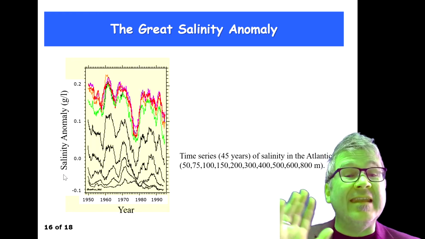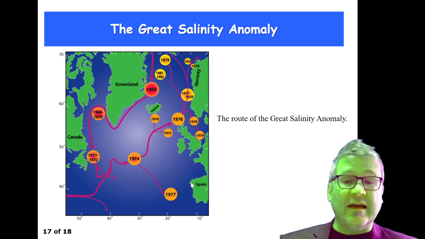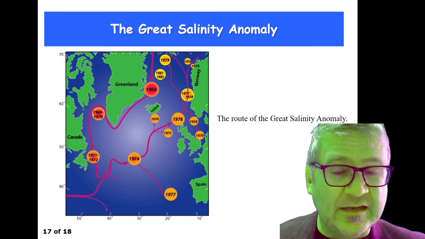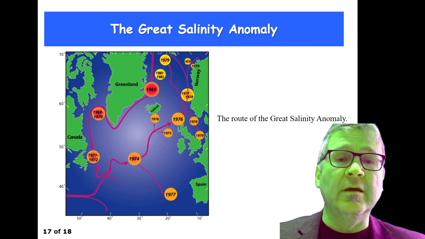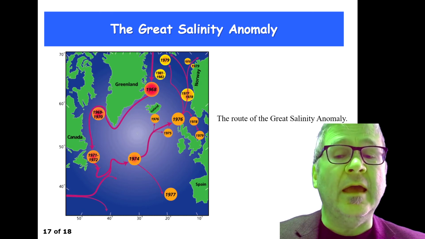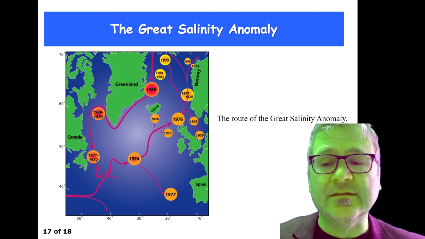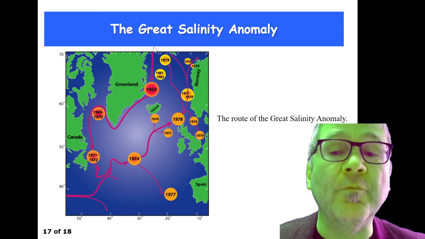Okay, and this is shown on the next slide. On the next slide, so you look at all observations of salinity observations, and then you can reconstruct the history of this great salinity. And it turns out that it started in the late 60s and originated from the Arctic Ocean.